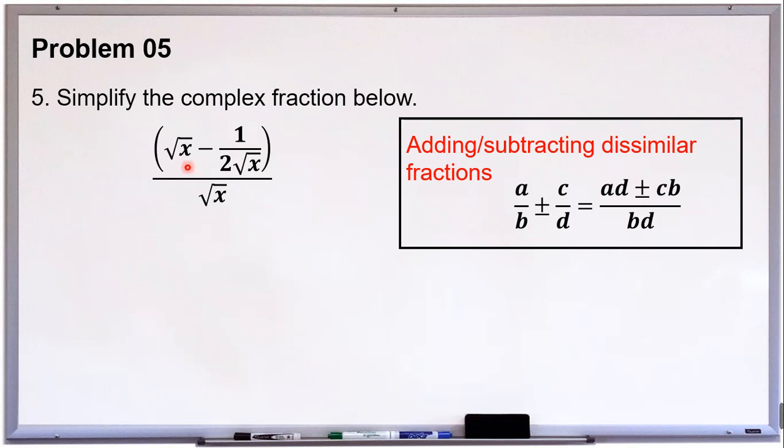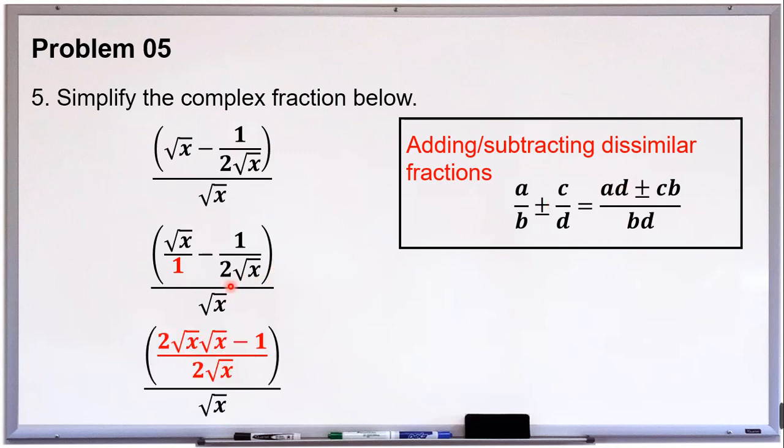Okay, so let's do this. Again, square root of x can be written as square root of x all over 1, and then minus 1 over 2 square root of x. Again, we have fractions with different denominators, because the first term has a denominator of 1 and the second term has a denominator of 2 square root of x. So we're going to use this rule. Simply multiply the denominators, so you have 1 times 2 square root of x, so you have 2 square root of x.